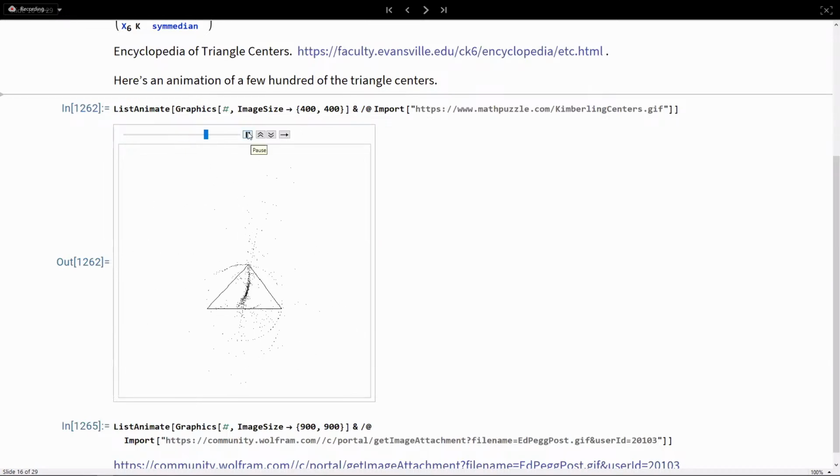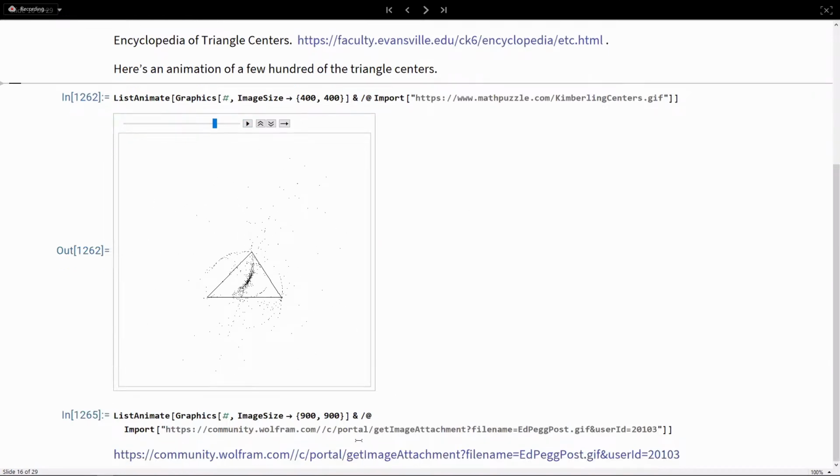So this is just a few hundred triangle centers.